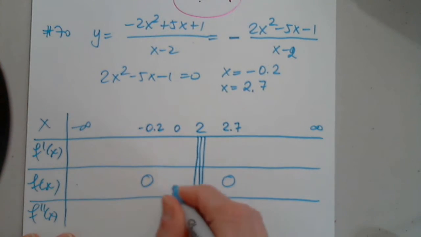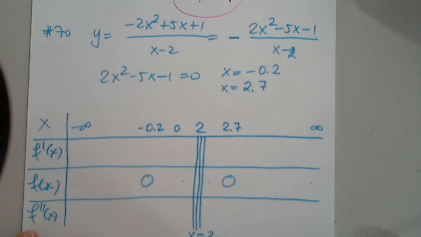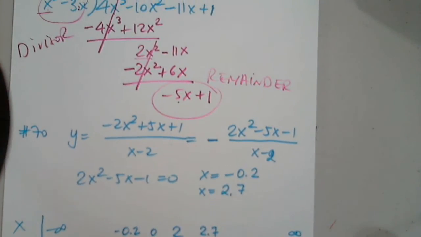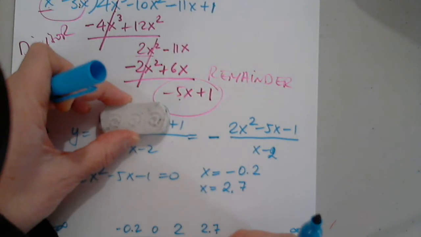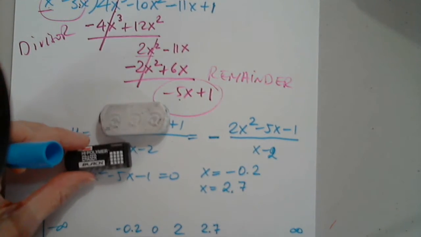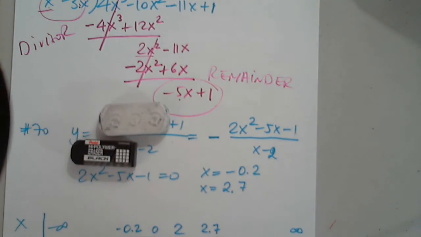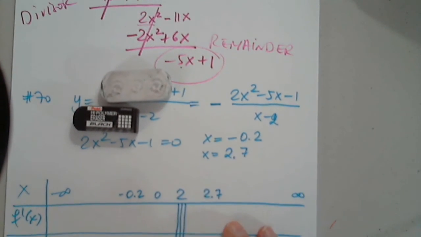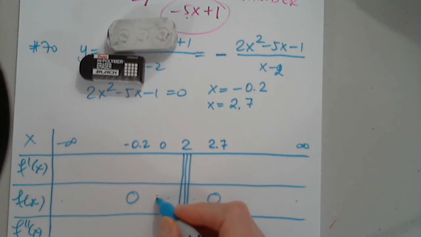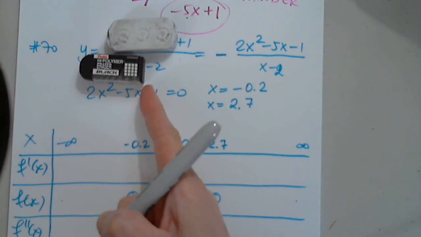So I have to find this limit, this limit, this limit, and this limit. And I have to plug in 0. So when I plug in 0, what do I get? 1/2. Yes, careful.